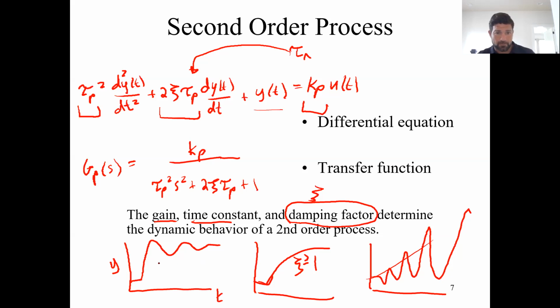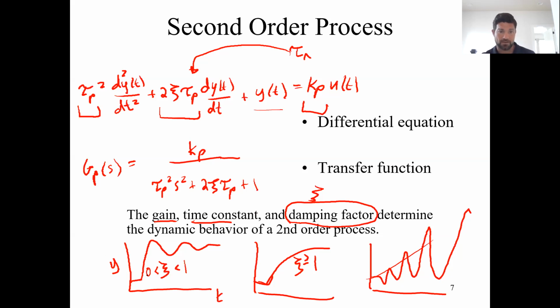If zeta is less than 1, but also greater than 0, because once zeta gets less than 0, we put a negative right here. If you remember, if we have a negative here, looking at the denominator of this transfer function, it would indicate that this process would be unstable, and it would look more like this.